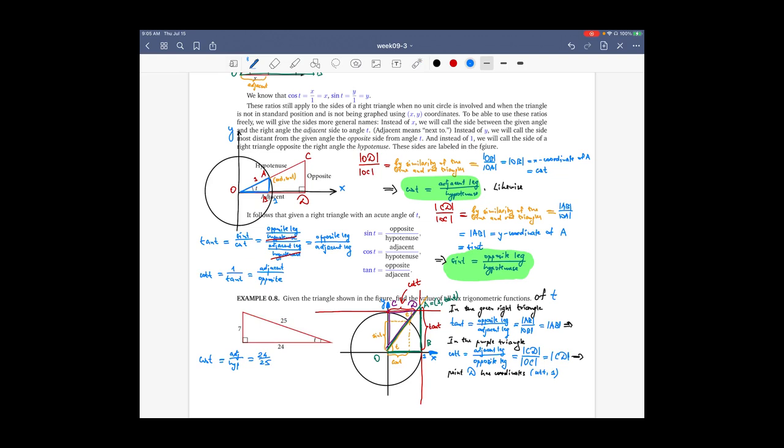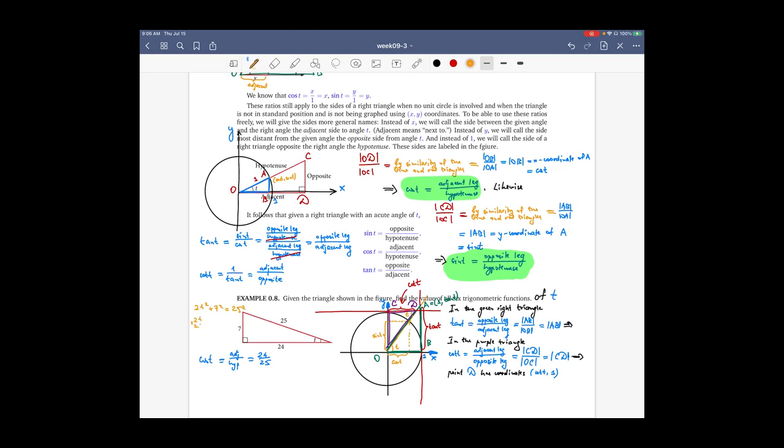We should, by the way, check that the triangle is actually a right triangle. So we should check that the triangle satisfies the Pythagorean theorem. In other words, that 24 squared plus 7 squared is 25 squared. That's important.